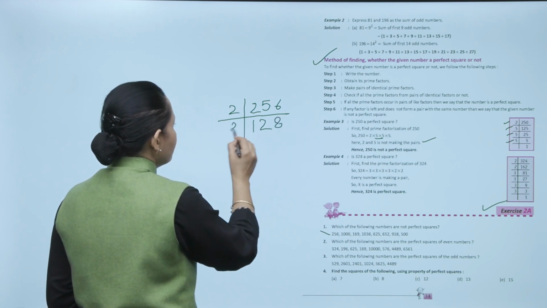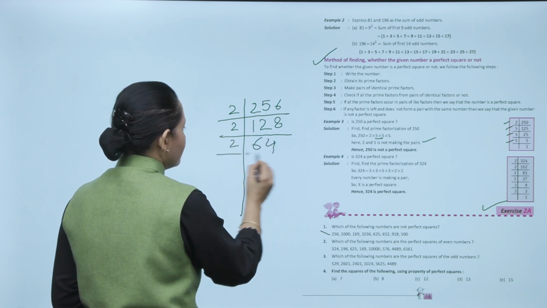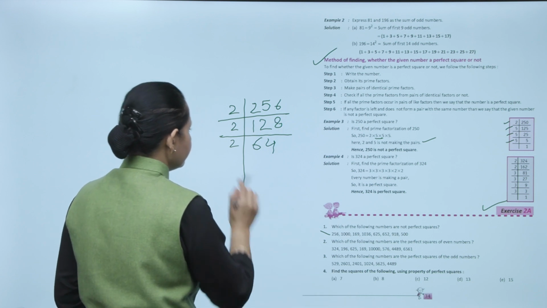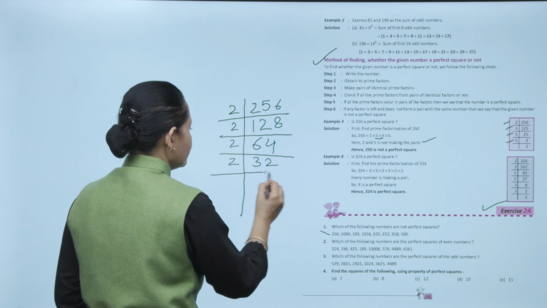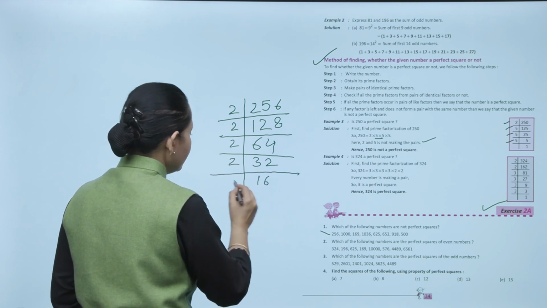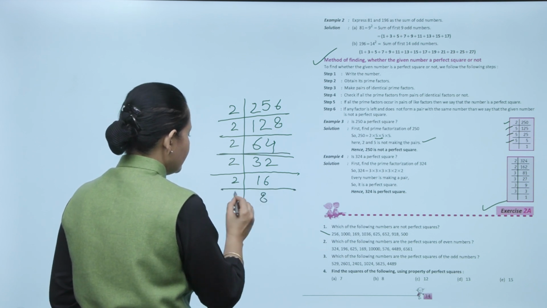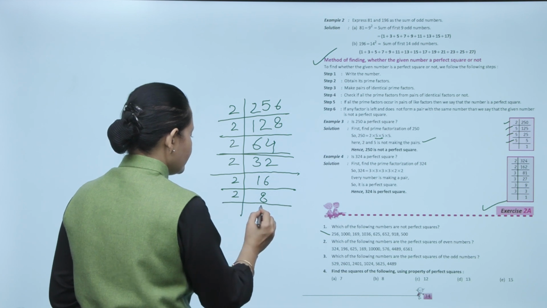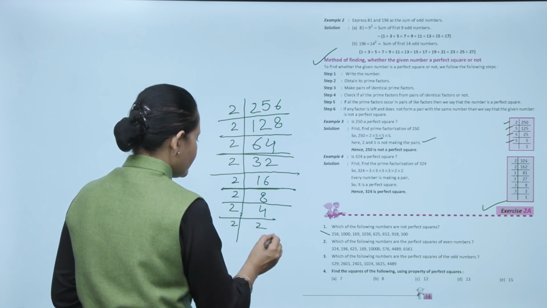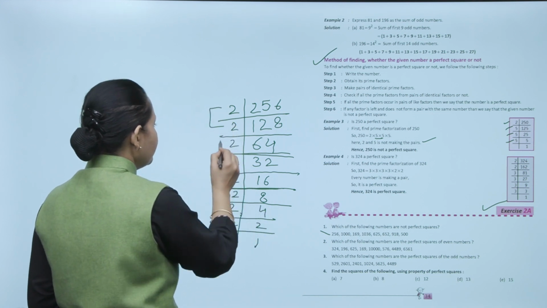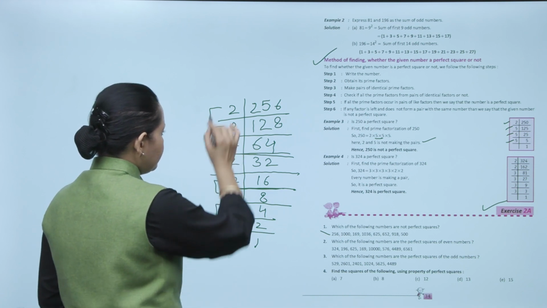Eight. Sixteen. 2, 8. 1 pair. So they are making pairs.